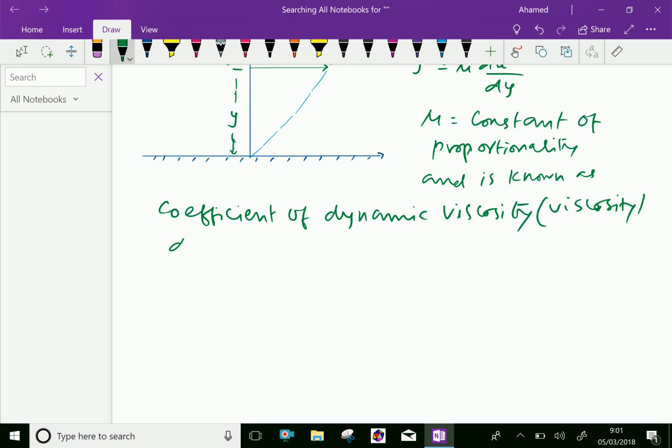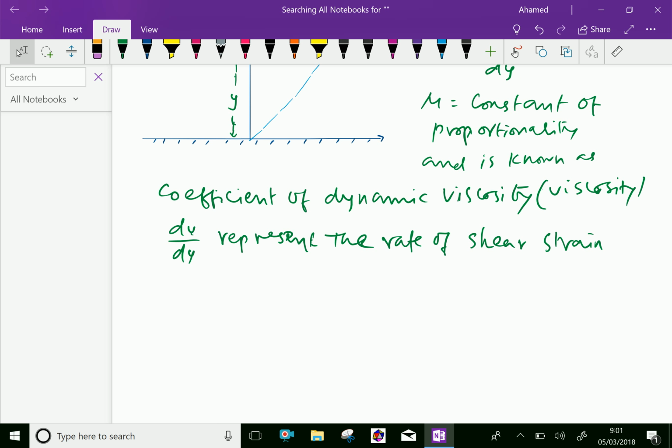Now here du over dy represents the rate of shear strain or rate of shear deformation, or just velocity gradient.